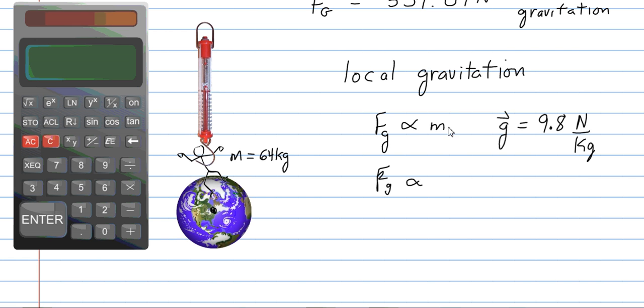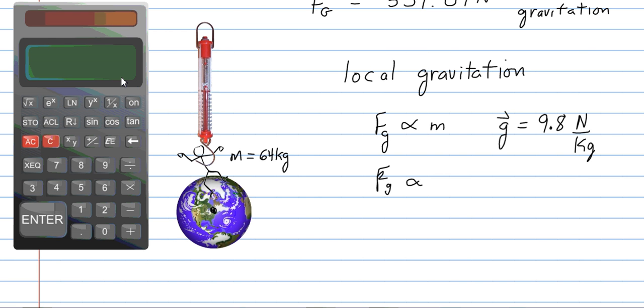You take the mass of 64, so you would type in 64 multiplied by 9.8 and hit enter, or equals, depending on what your calculator looks like, and up will come the answer, which will be 627.2 newtons.